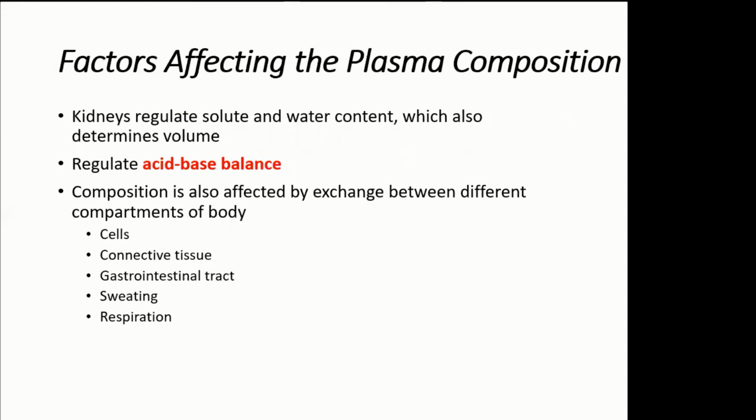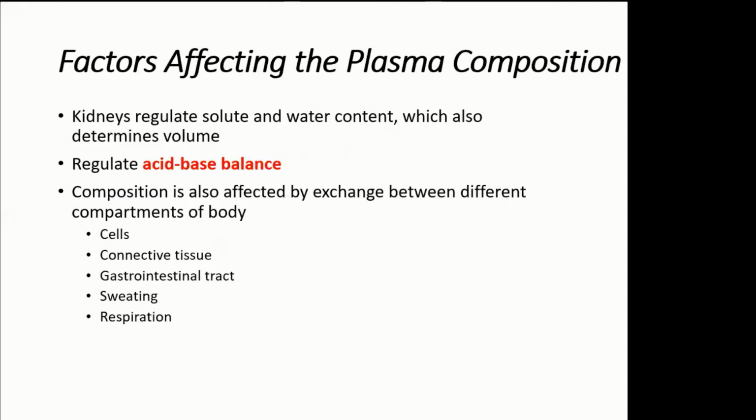So how the kidneys work is really going to affect the plasma composition, and specifically the amount of water and solute present in the plasma, so in the blood. That's really what we're trying to keep in balance. We're going to be partially changing these solutes in order to regulate acid-base balance, which we'll be talking about at the end of this unit.